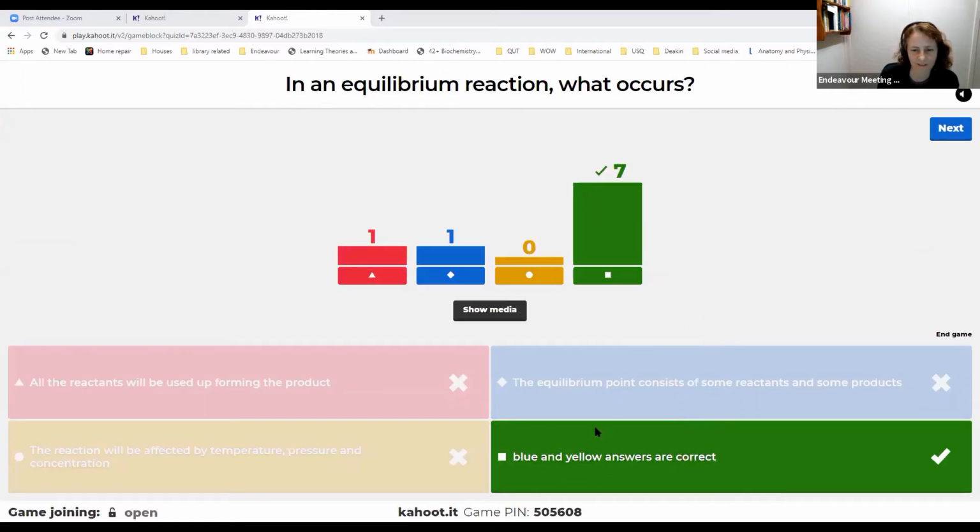Okay, so 7 said that blue and yellow answers are correct. 1 said red and 1 said blue. So the red answer was all the reactants will be used up forming the product. And the blue one was the equilibrium point consists of some reactants and some products. So we might just look at the PowerPoint.